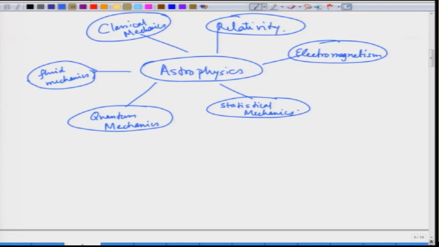Now, the final two things are electromagnetism and relativity. Relativity is essential when the fluid velocity is very high, close to the velocity of light. Then we have to take the relativistic effect into account, like the relativistic jets.